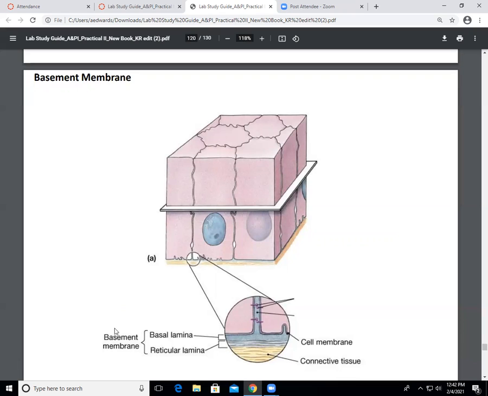So these three terms you do need to know, okay? You have the basement membrane at the basal layer, which is made up of the basal lamina and the reticular lamina, okay? Because you could see a picture where you've got a label of one of those three, okay? So I'm just telling you that now, all right? Do you understand that?